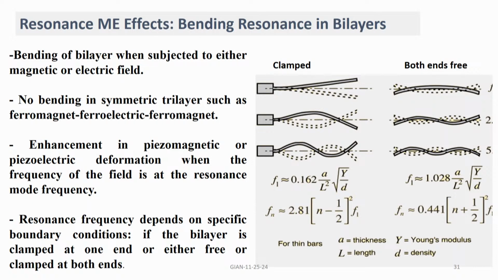The length is the same, but you have more waves, so the wavelength keeps decreasing and the frequency of the excitation increases. When you do the frequency scan, you will see the fundamental mode, then higher harmonics, second, third and fourth. You can calculate all these mode frequencies. These are the equations for the different modes, F1, F2, F3, and you can keep doing the calculation for the higher modes.